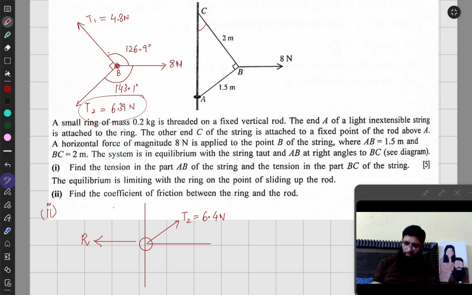If you see, this angle is basically tan inverse of 2 divided by 1.5, so that will be 53.1, and this angle is basically 90 minus 53.1, so you will have 36.8. This angle is basically 36.8.